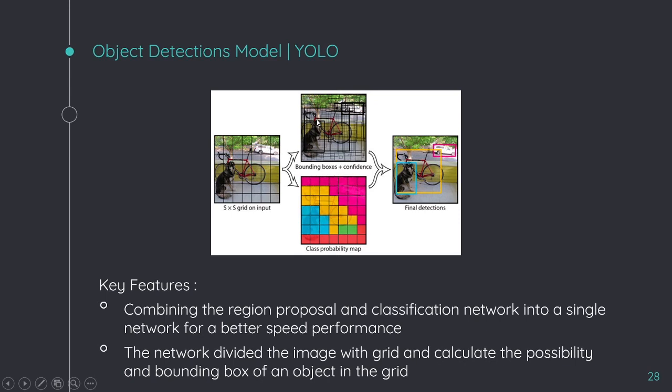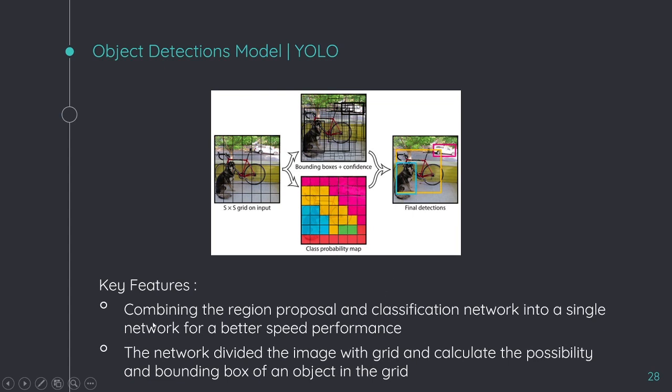So we can have the final bounding boxes that have the class and the location of the bounding box. So the final detection is the object bounding box and the class of the bounding box.